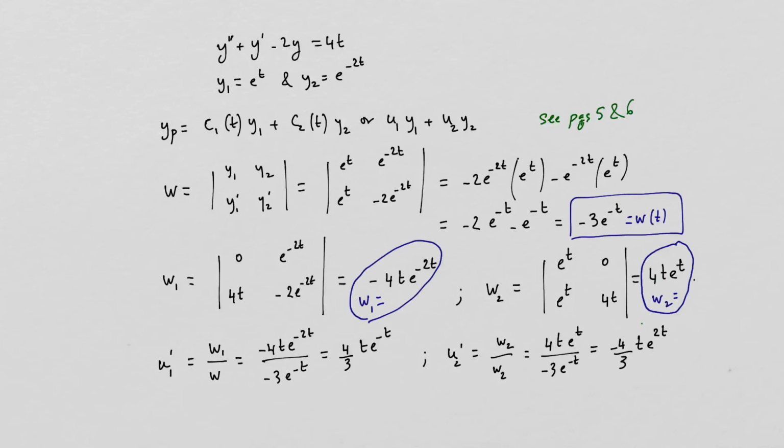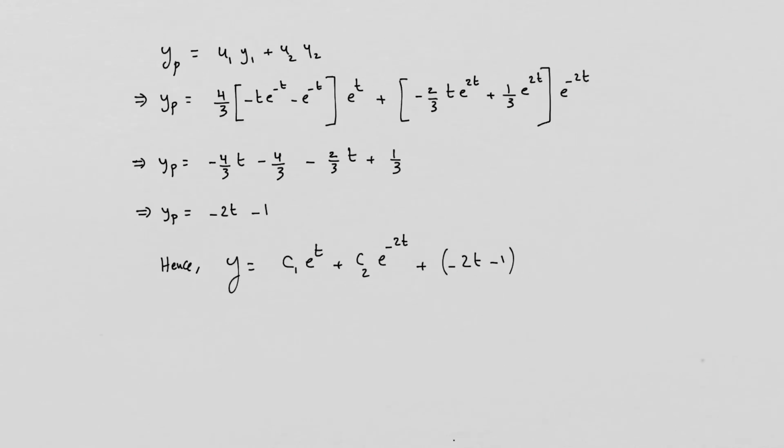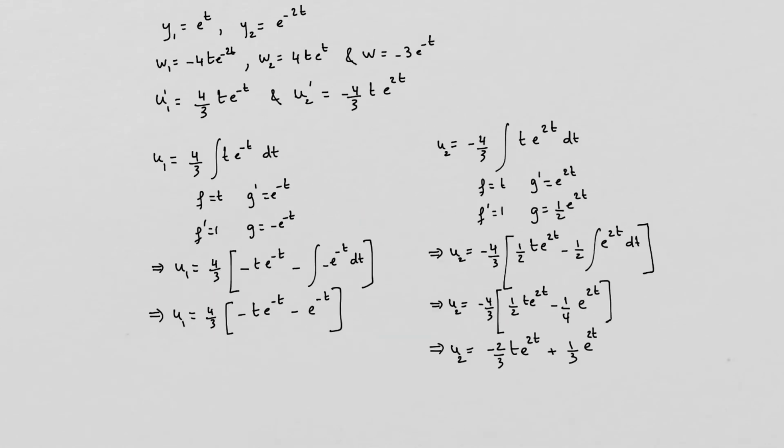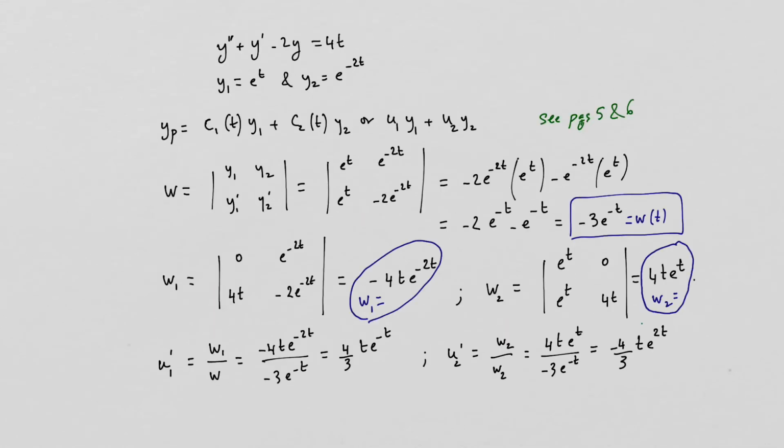Okay, then we go to u1 prime and u2 prime. Go back to page 6. u1 prime is w1 over w, and u2 prime is w2 over w. So you just push your pencil, this divided by that. Here it is. I cleaned up the mess here. You multiply by the reciprocal. No, sorry. E to the negative t at the bottom becomes e to the t at the top.